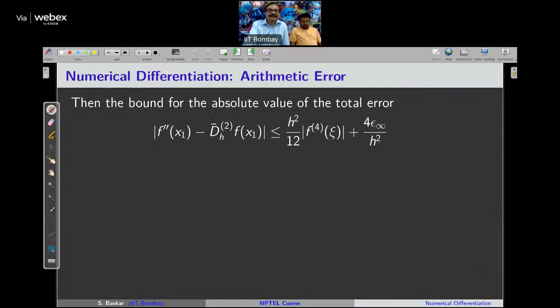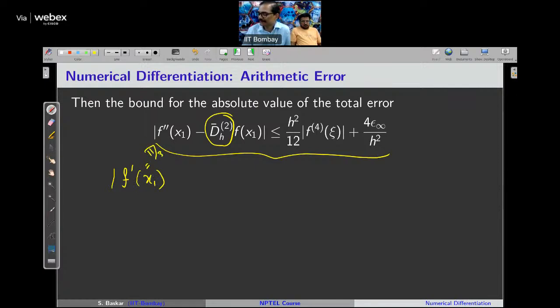Now you have to take the upper bound for that. Okay. So this step, which is for D2, in our tutorial problem, how will that look? f dash of x1, where x1 is pi by 3 or pi by 6, I don't know what we asked in the assignment. Whatever we asked for, you put that, minus D_h^0 of f of x1.